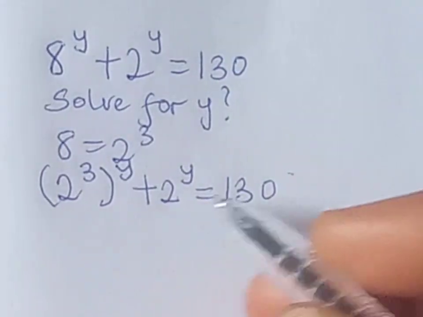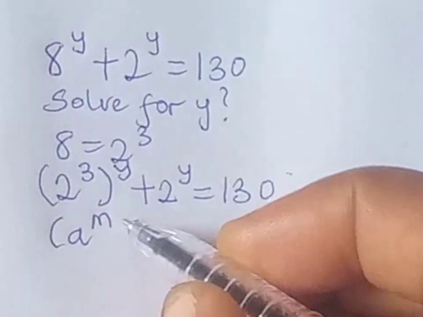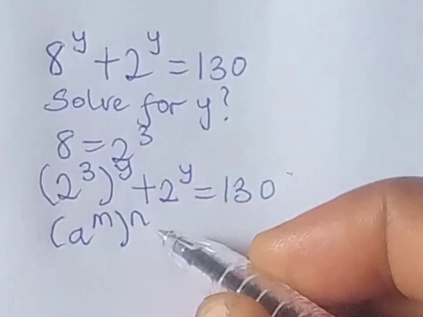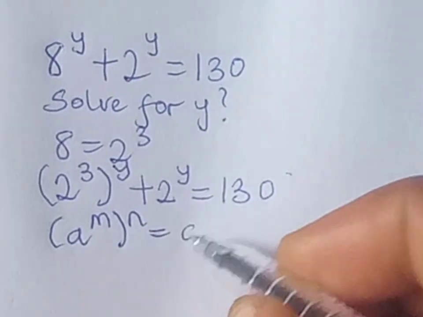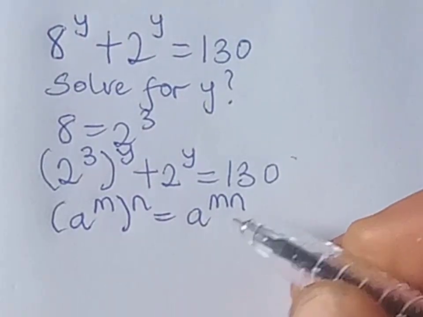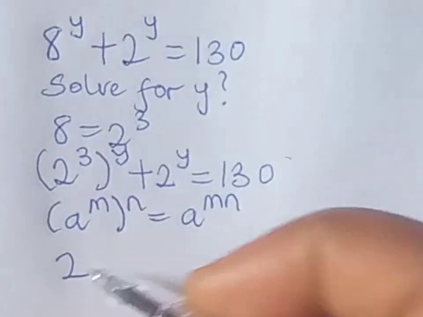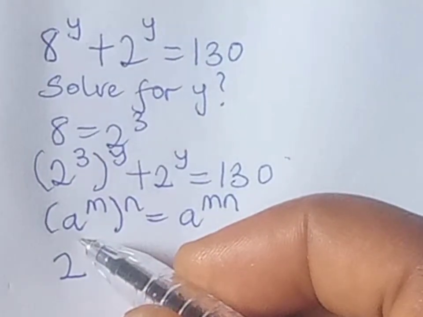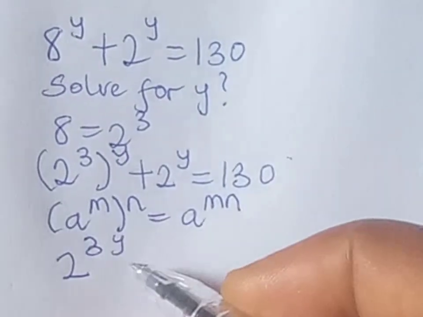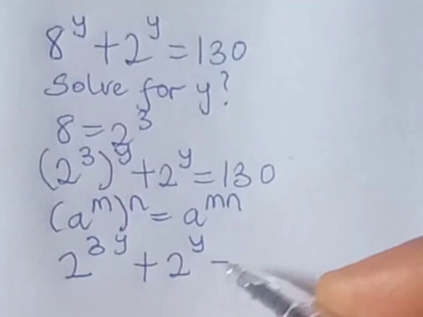Using the exponent rule, which says (a raised to the power of m) to the power of n gives us a raised to the power of m times n, our equation becomes 2 raised to the power of 3y plus 2 raised to the power of y equals 130.